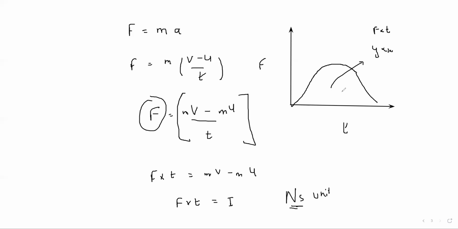So the area under the force-time graph gives us impulse, or change in momentum. To find the area of a non-linear graph, we divide it into equal parts, horizontal and vertical, and find the area of each. So it will be approximate, not an exact answer.